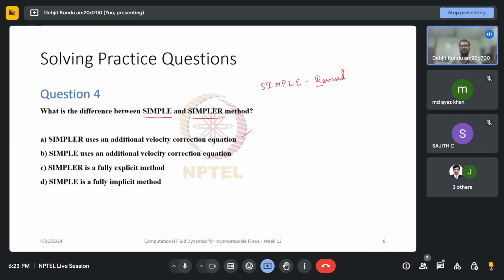Is it option B, SIMPLE uses an additional velocity correction equation, which we just now received a response in favor of? Is it option C, SIMPLER is a fully explicit method? Or is it option D, SIMPLE is a fully implicit method? We have one response so far. Let's hear from the others. Which one should it be?